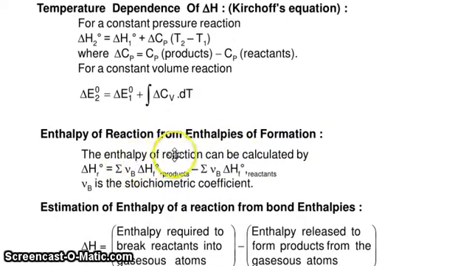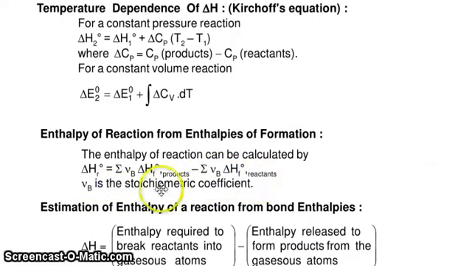Enthalpy of reactions from enthalpies of formation. The enthalpy of reaction can be calculated by delta H R naught, the reaction standard, summation of v delta H f naught products minus summation of v delta H f naught reactants.